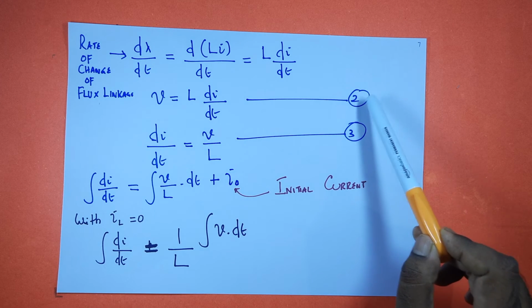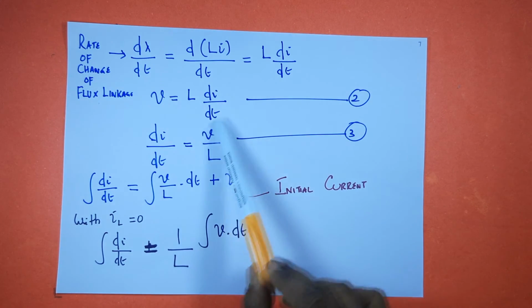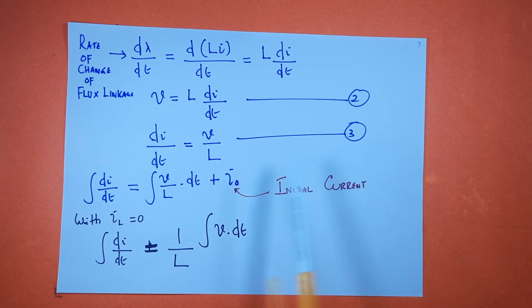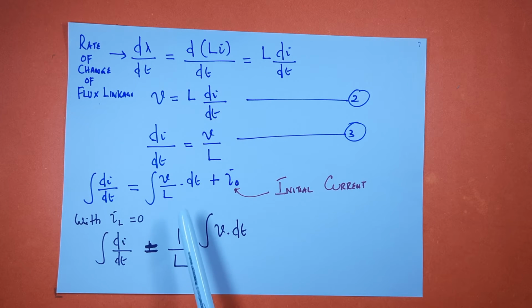So equation number 2. Now you keep di by dt here and take L down. So you have equation number 3, which is di by dt equal to v by L. Now you integrate on both sides of this equation. You get integral di by dt equal to integral v by L into dt plus i naught. This i naught is the initial current through the inductor or through the coil.